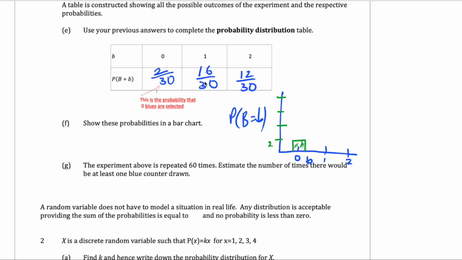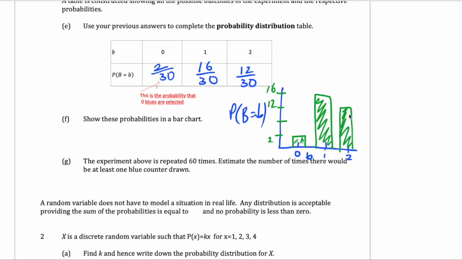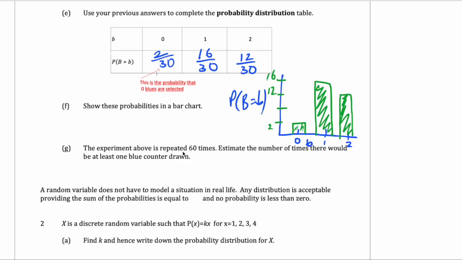I'm not going to draw this to scale because there wouldn't be enough room. So the probability of 1 should be up at 16, and this should be at 12. Okay, so that's what the bar graph looks like. On this vertical axis, I should probably have written fractions, of course.